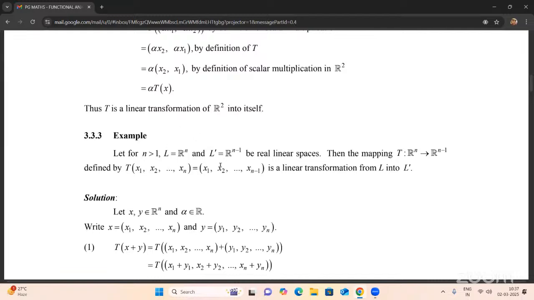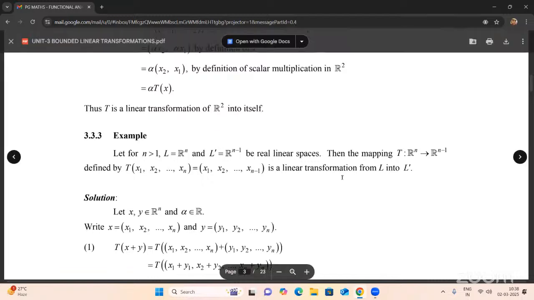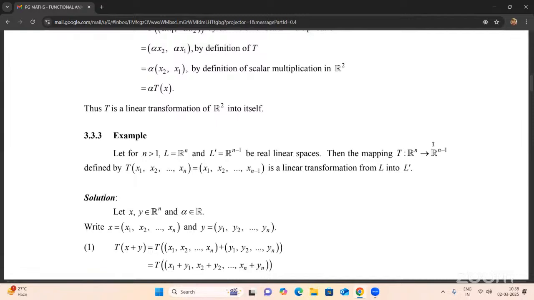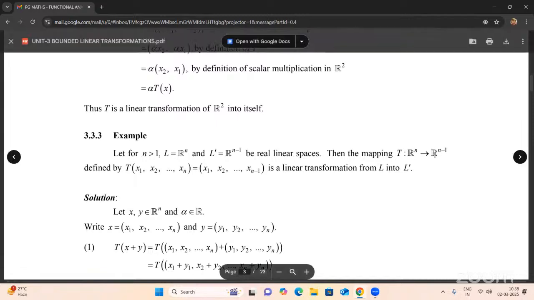Define the mapping from L to L dash, that is, R power n to R power n minus 1. Given the defined mapping, T maps R power n to R power n minus 1. This is the n dimensional linear space and this is the n minus 1 dimensional real linear space. Here, n is greater than n minus 1. We just have to observe this.